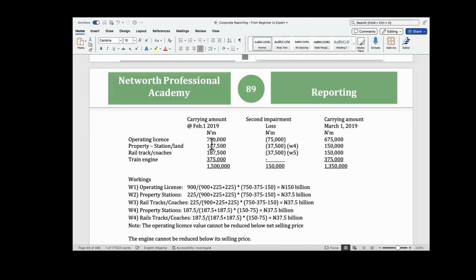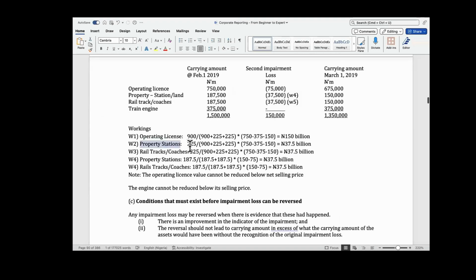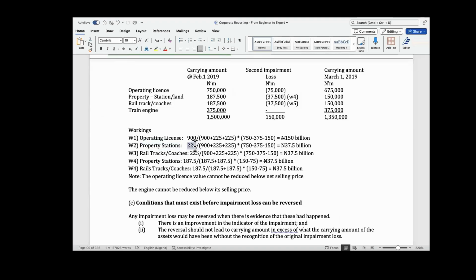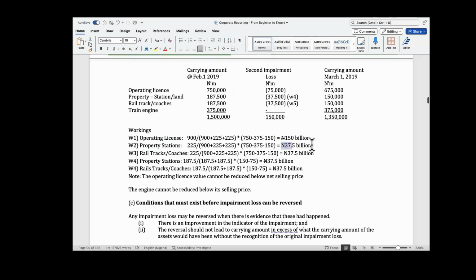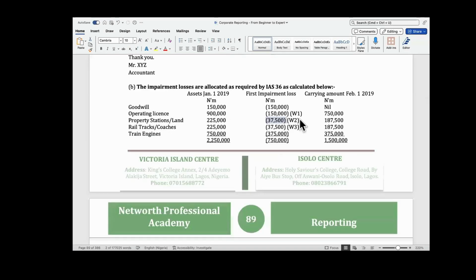Then the property stations, that one is 225, which is the value of the property station over the entire value of the assets, multiplied by 225. That's 37.5 billion, so we allocate 37.5 to the property.